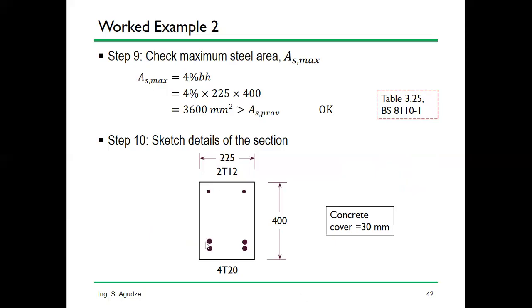There's no link provided because we have not yet designed links, so we cannot just put any link around it. That's it. With working two examples, the various steps will not change. So it's expected that when you have a similar case, you will be able to design the steel of a typical doubly reinforced section, right?